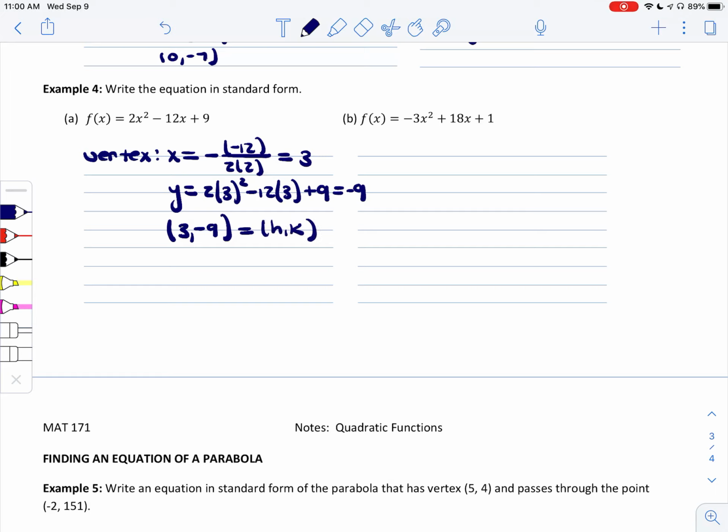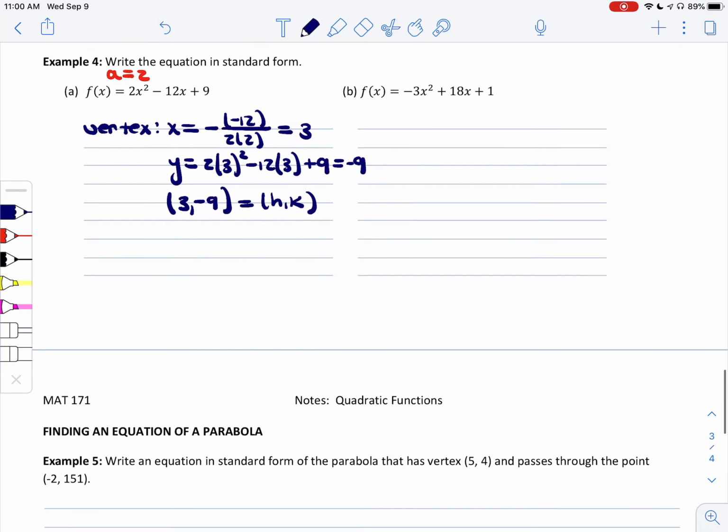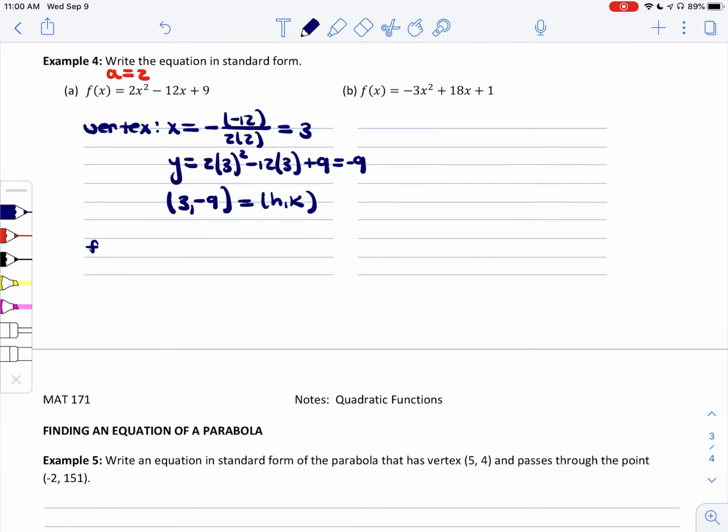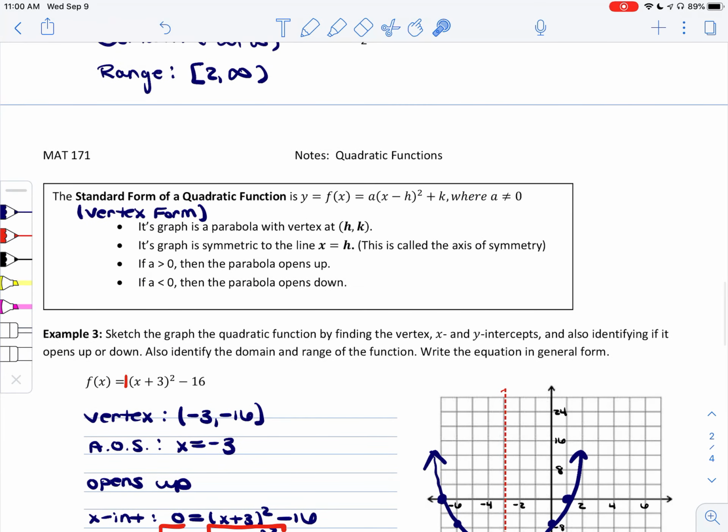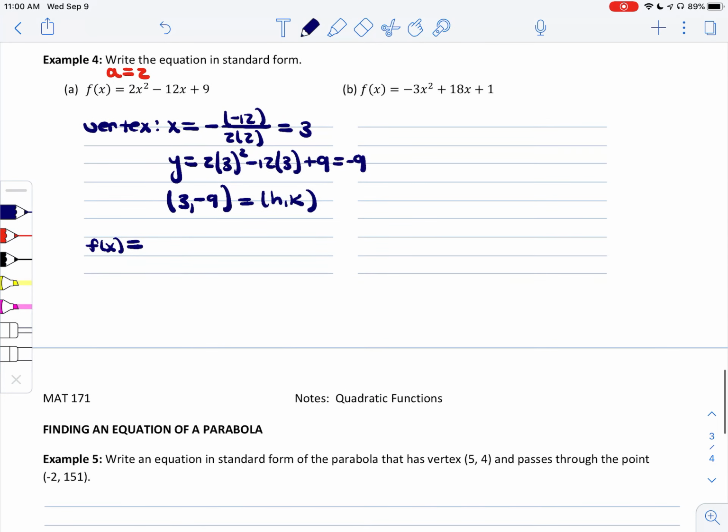Now the nice thing about this transition from general form to standard form is that the a value is the same in both. So here our a value is equal to 2. That's going to be the same a for our standard form. All right, so standard form, remember, we saw up above, is a times x minus h quantity squared plus k.